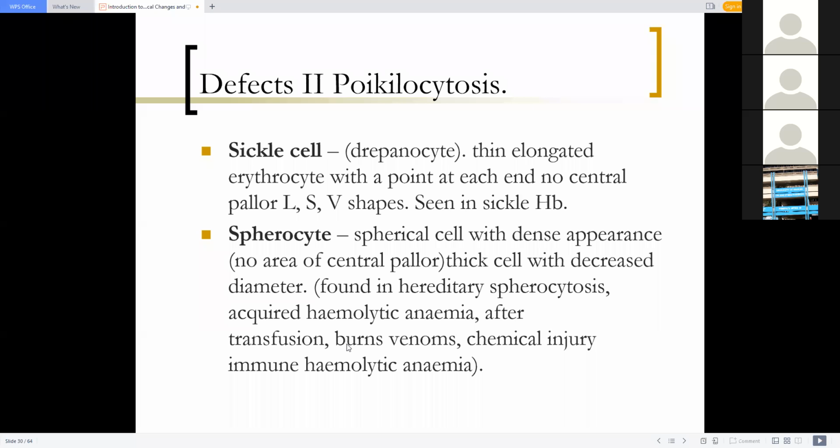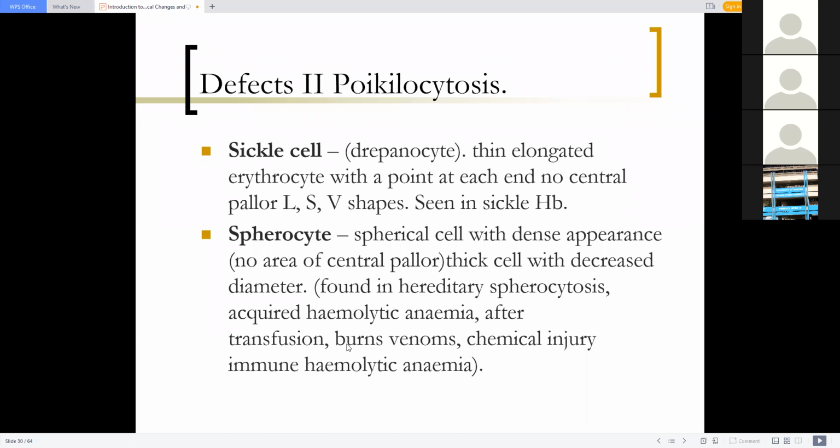It can occur in burns also. Spherocytes can occur in burns. They can occur in snake venom bites, where you get injury to the red cells because of various chemicals like snake venom and other chemical injuries. And also, like I said, in immune diseases, you can see spherocytes.